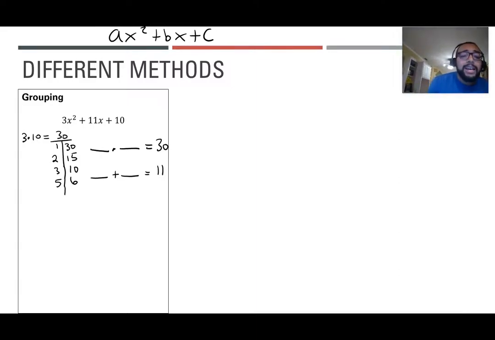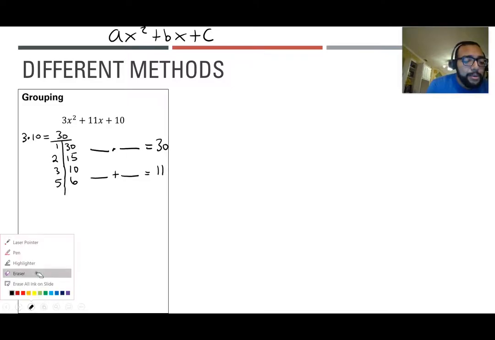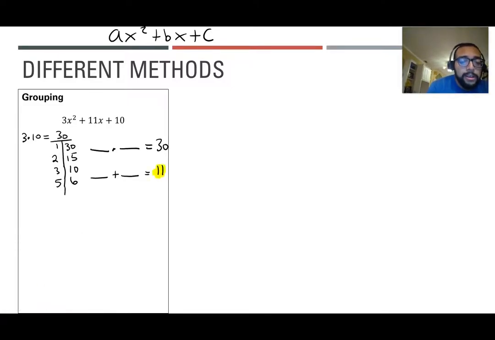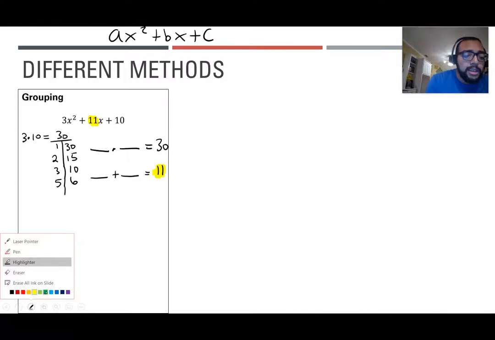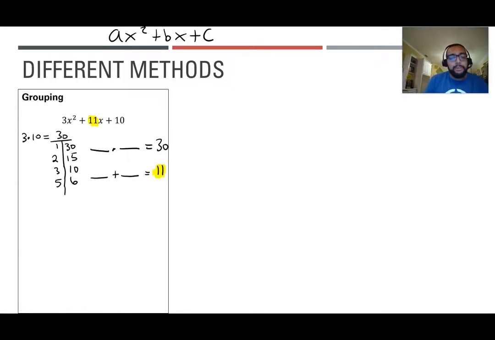So notice this second part is very, very similar to what we just did. Two numbers that add to get your b term. The only change here is that the two numbers when you multiply get you that a times c term.